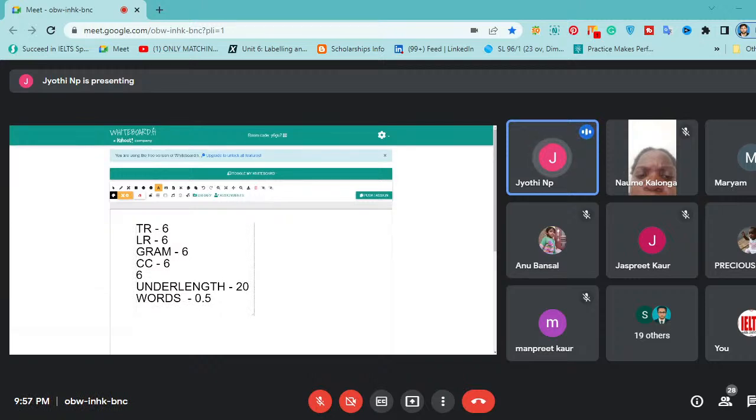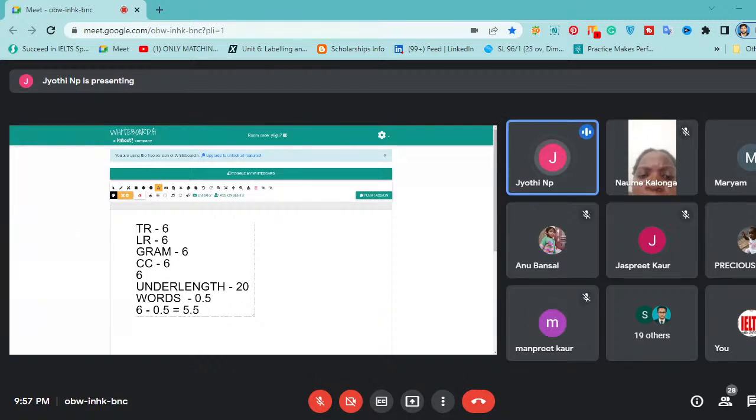Now here 6 is what you have got. So when the score is declared by one examiner, it is 6 minus 0.5, which is equal to 5.5. So are you all able to understand why you people are losing in writing? This is the reason. This is the biggest spoil sport.